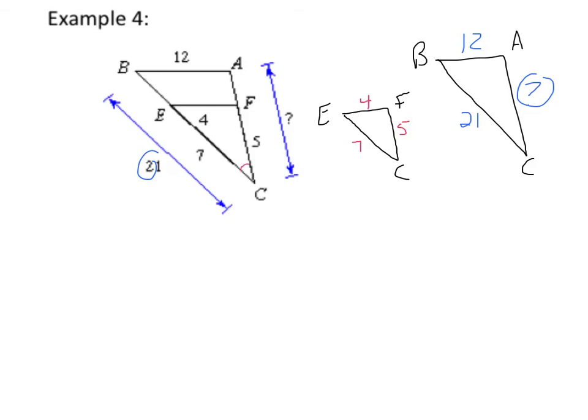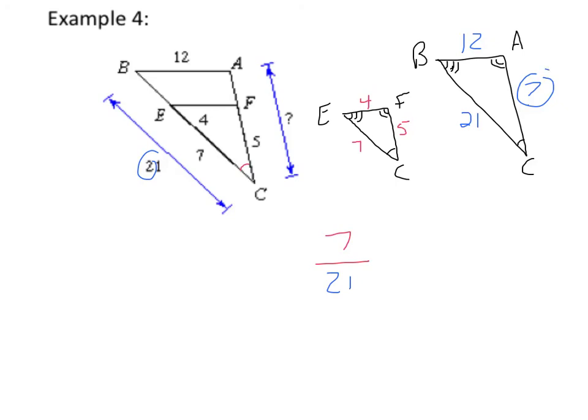Well, angle C is the same in both triangles, so we know that angle C is equal. If we look at the triangles again, the largest ones in each one is F and A. So that means that the third angle will be equal in measure. So I can say that 7 and 21 match up, because 7 is between the 3 tick mark and 1 tick mark angles, and so is 21.